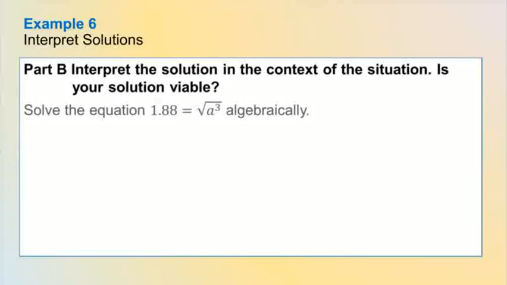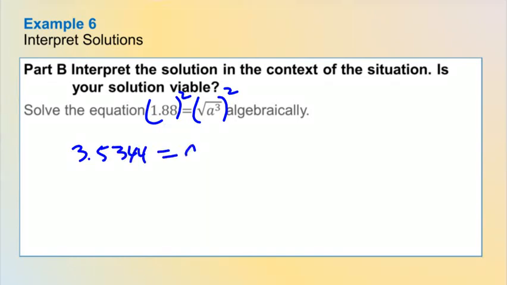Now, part B, interpret the solution in the context of the situation. We did say it's viable. Here we're going to solve it algebraically. To solve it algebraically, I'm going to square both sides. So 1.88 squared would give us 3.5344 equals a cubed.